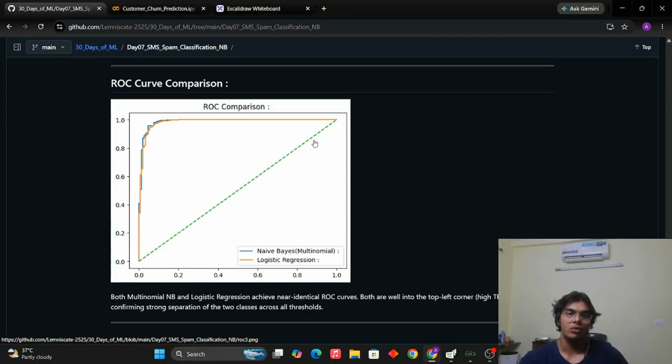If our models were close to this, the model would be considered weak because this line means that the model is randomly guessing. It's like a coin toss. A strong ROC curve is always towards the top left corner. And our logistic regression and naive Bayes model both are towards that, and there's hardly any difference.